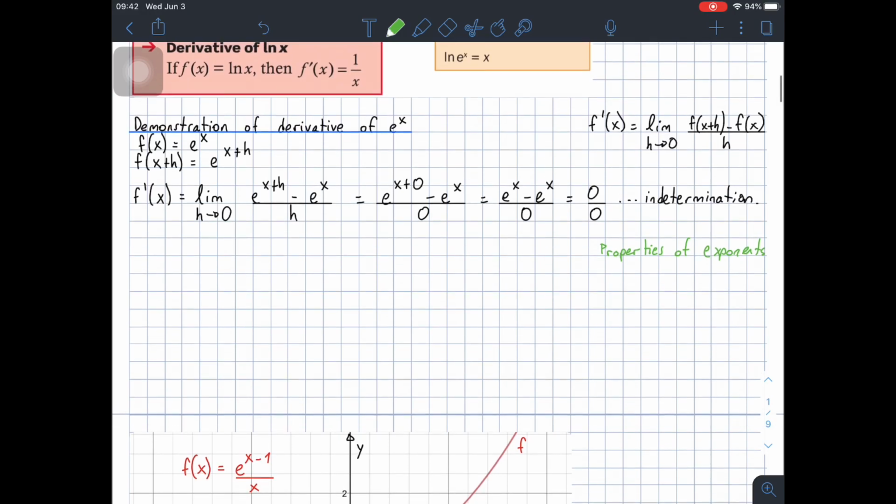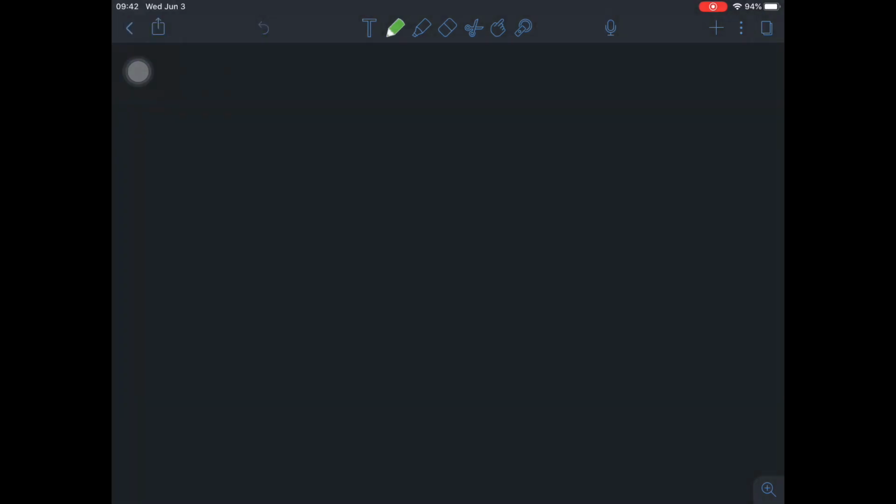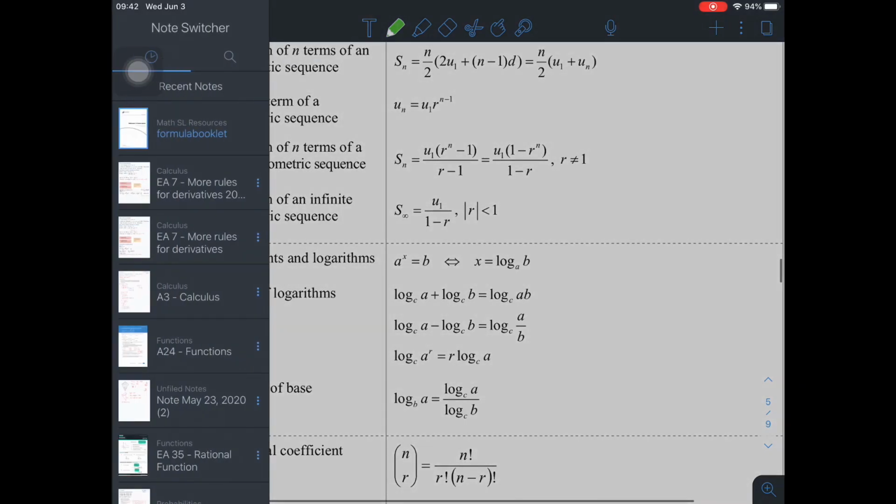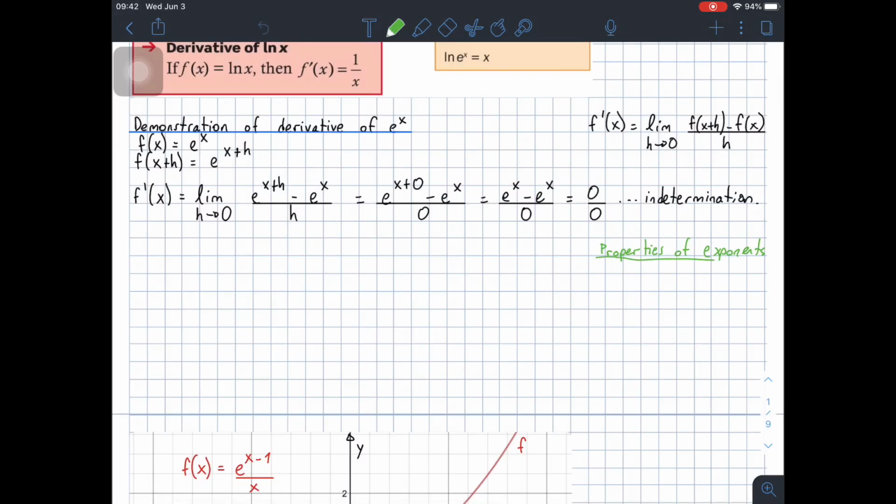So if you remember from properties of exponents, you'll remember that if I have, for example, a to the power of, let's say, 3 plus 2, this is the same as saying a to the power of 3 times a to the power of 2, right? I can separate the addition of the exponents into a product of the bases to the exponents, actually.